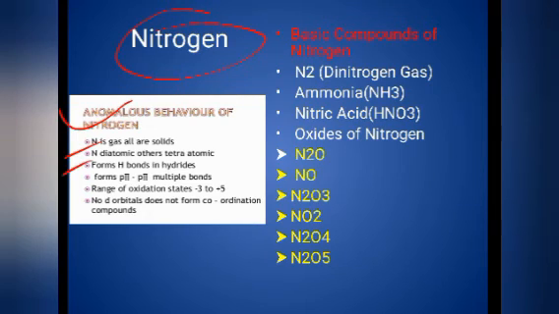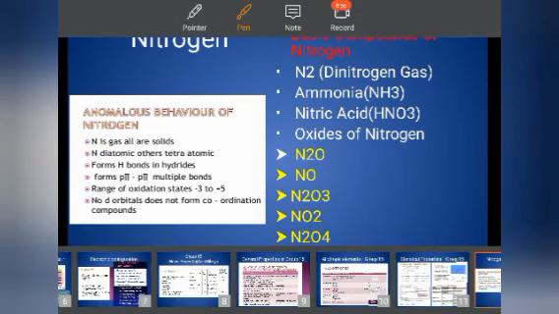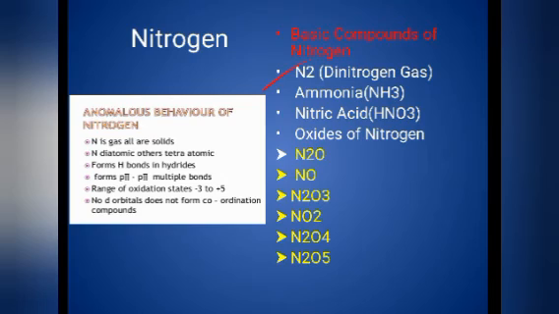N is diatomic, the rest are all tetraatomic. It forms hydrogen bonds in its hydride, and nitrogen forms p pi-p pi bonds, whereas others form d pi-p pi. The range of oxidation states is -3 to +5. No d orbital is found in nitrogen, while all other elements have d orbitals. The basic compounds of nitrogen are N2, ammonia, nitric acid and the oxides of nitrogen, which we have studied.